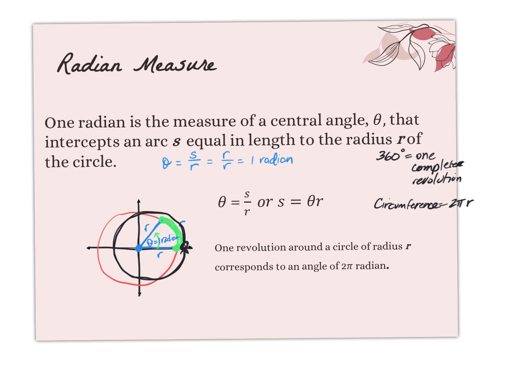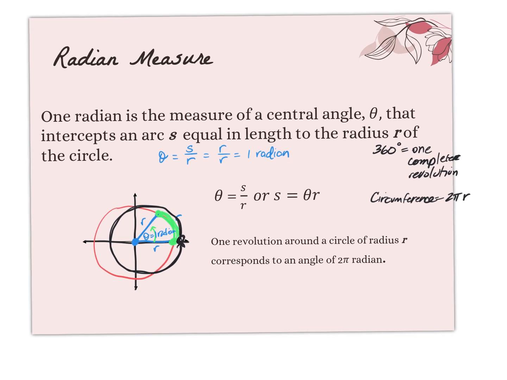So if I wanted to figure out what a full circle is in terms of radians, I would do, again, the arc length, which would be the entire circumference, 2 pi r, over the radius. Notice my r's would cancel, and I would be left with 2 pi radians. If I want to do short, I write rad. So 1 complete revolution is 2 pi radians, okay?